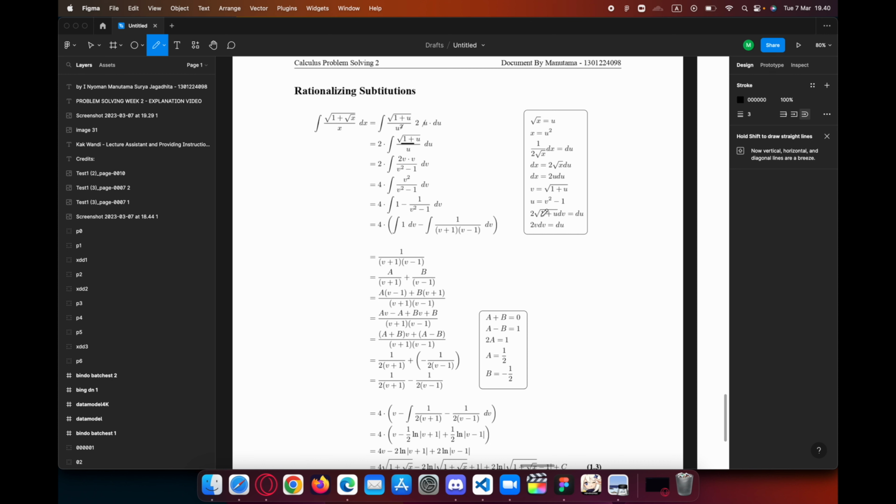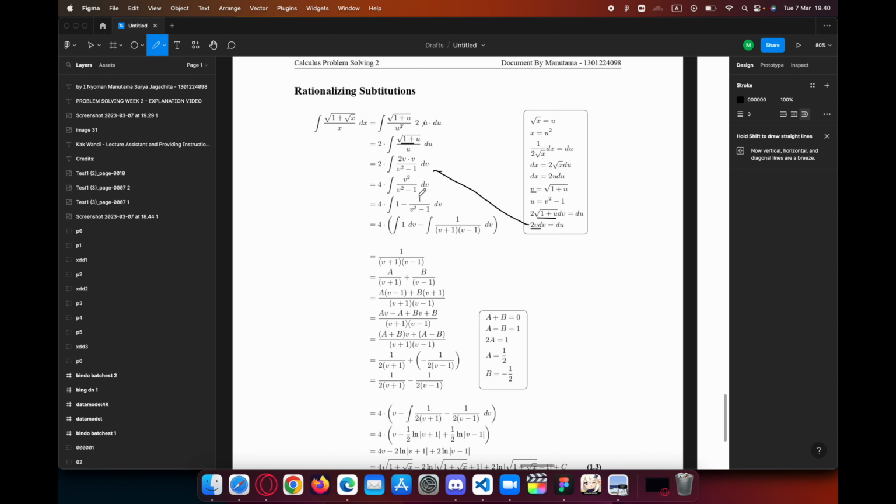We need to simplify first: because the square root is phi, it becomes 2 phi dv, and is equal to du. We can substitute this here, so it becomes 2 times the integral of phi times 2 phi dv.